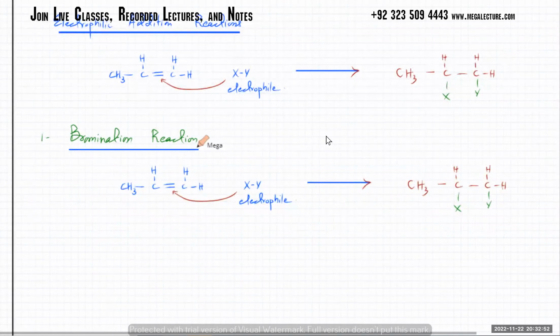So I'll just change this to Br2, and the bromines get added to the double bond.